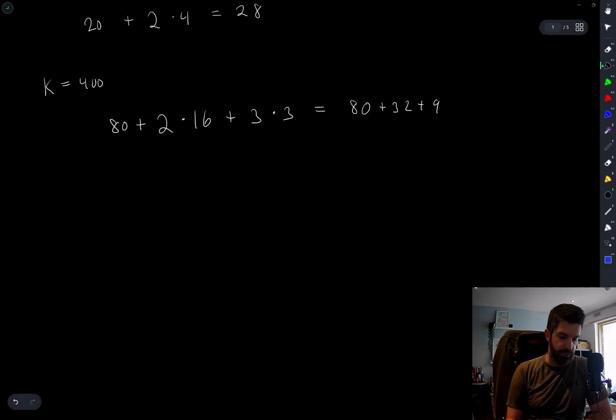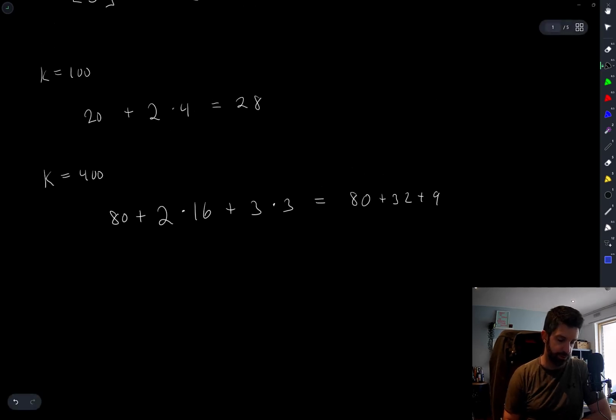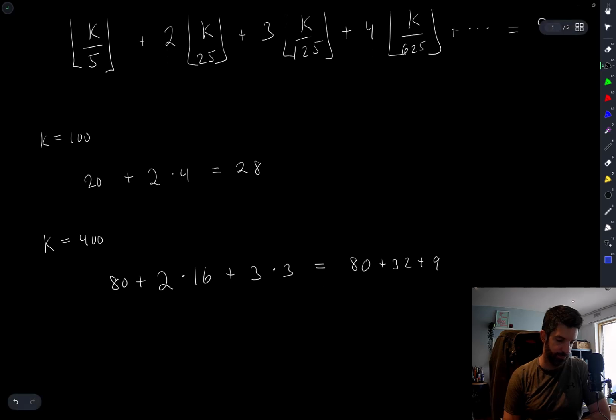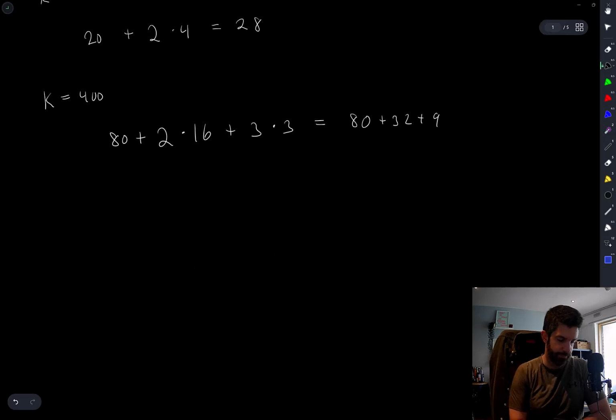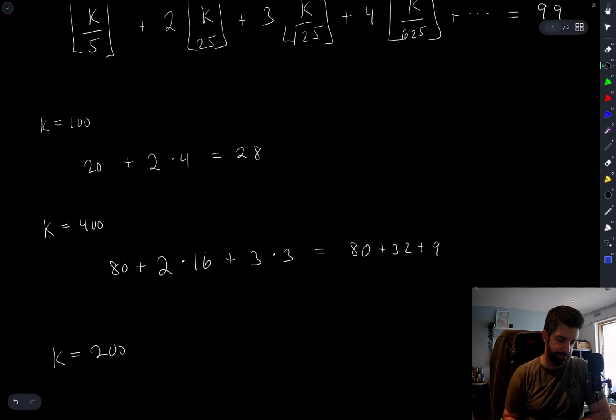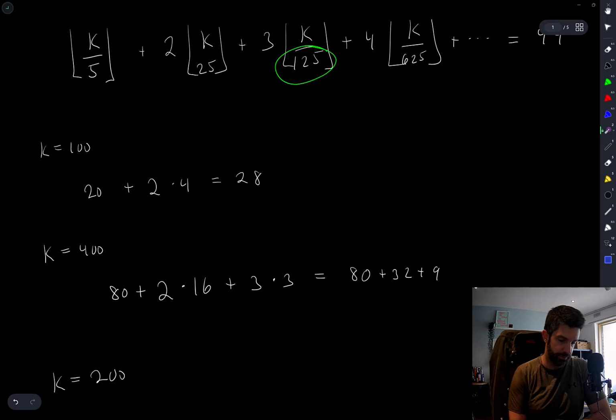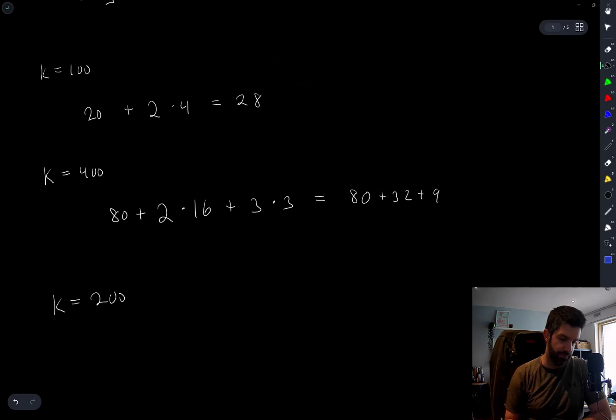I feel like I want to just go through the guesses here to try and figure out what k could be. So k is 100, I've got 28. k equals 200 is going to give me that times 2 plus, there's a 125 in there, so times 3.